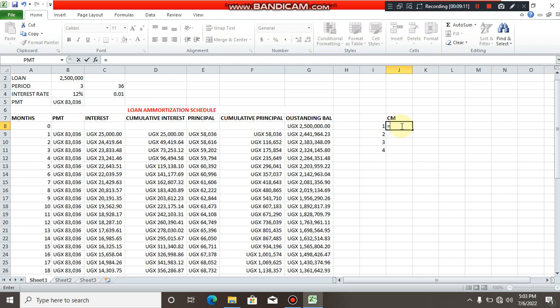That is the meaning of cumulative. So it will be this. Then when you add on, it will be this plus this. So it will be 3. So that is the alternative way of finding cumulative.